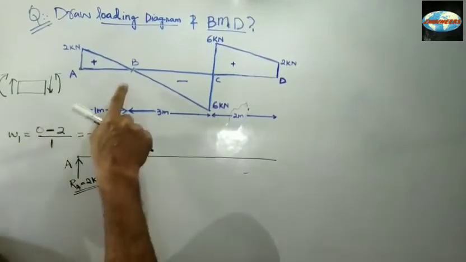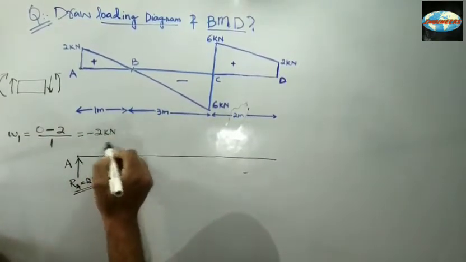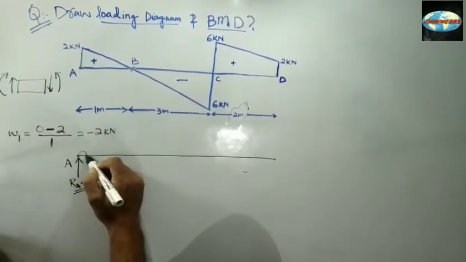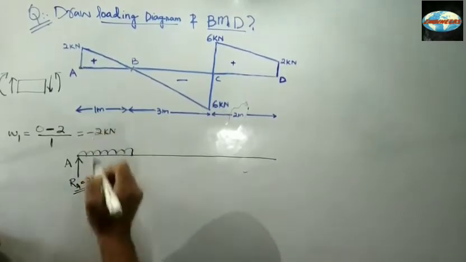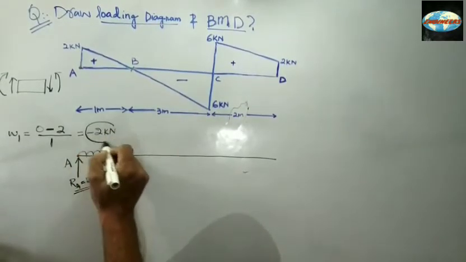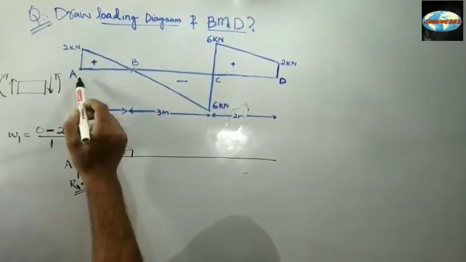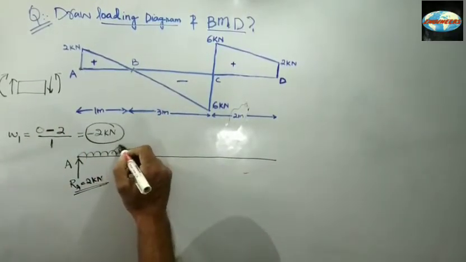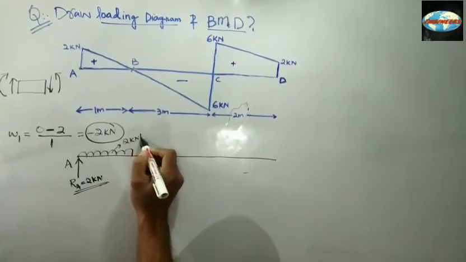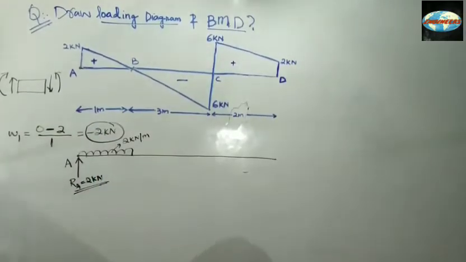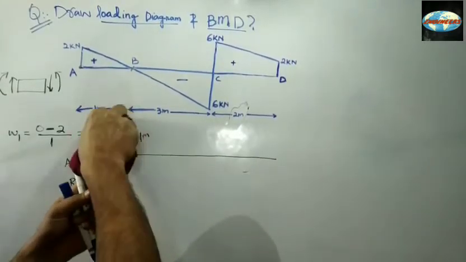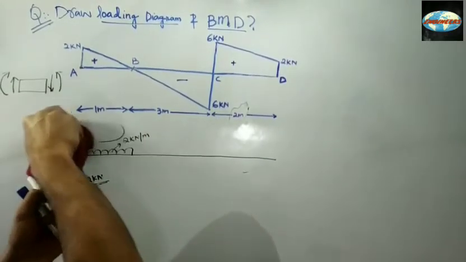Since I'm getting a negative value, the load has to be downwards. That's why the sign is negative. So the beam is subjected to a UDL of 2 kilonewton per meter up to B. Fine? I hope everyone is enjoying it and understanding it.